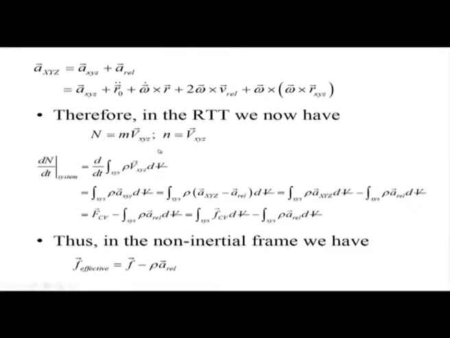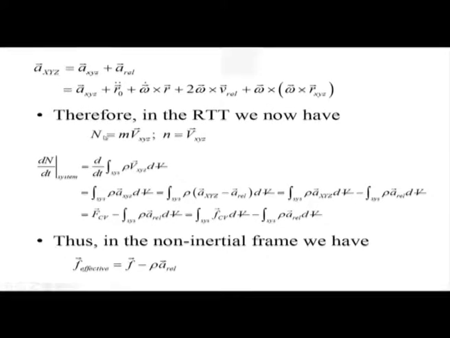So if you write dN dt where N is m into v small xyz, the small n parameter is capital N per unit mass, which is v with respect to small xyz. So dN dt is d dt of the system, and N is rho into v small xyz.